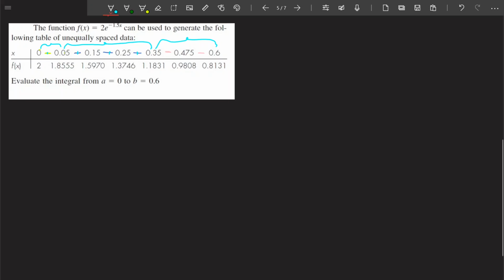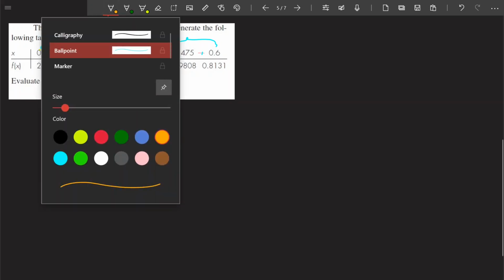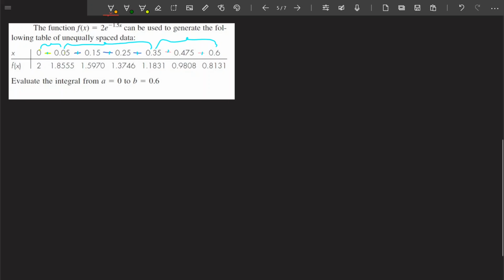And between 0.35 and 0.6, how many segments are there? 2. Whenever you encounter odd segments, you are going to apply the 3/8 rule. Whenever you encounter even segments, you are going to apply the trapezoidal rule, but here I'll apply the 1/3 rule. And since this is just one segment, I think here we are going to apply trapezoidal.